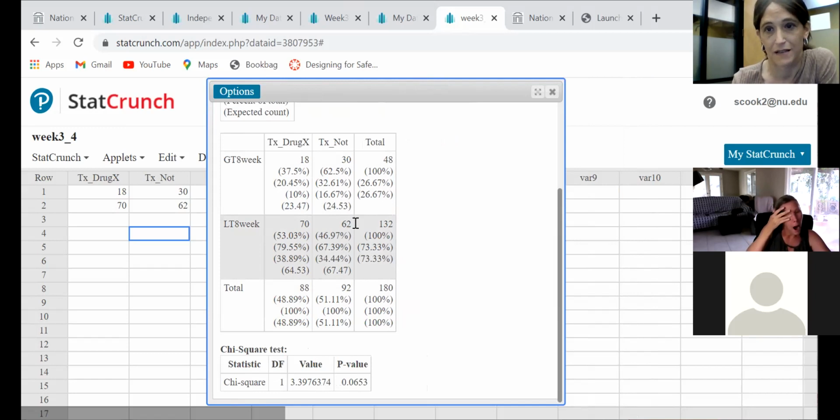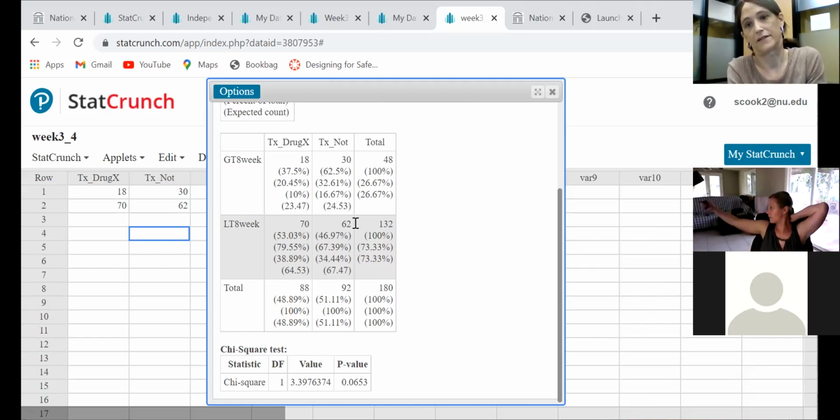But basically that is if things were proportionate within this population between the two groups, what would you expect to be in those cells? And so it's deviation from expectancy that the chi-square test is based on, which we can see in this case, p-value of 0.0653, so it did not meet our criteria of statistical significance.